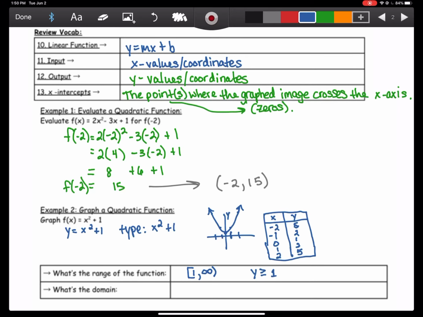Now what's the domain? Well, remember, domain is the x values. Let's just write that up here. The range is the y values. Let's change the colors too. So we have domain is x, and let's see. The x's are going to run from way over here to way over here.